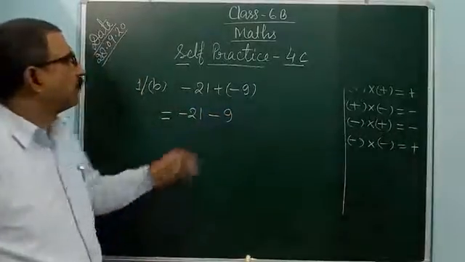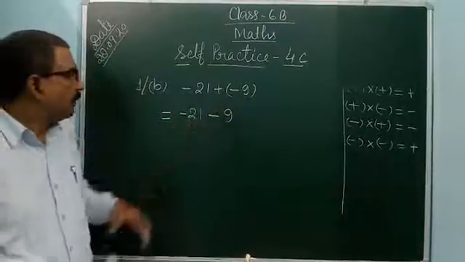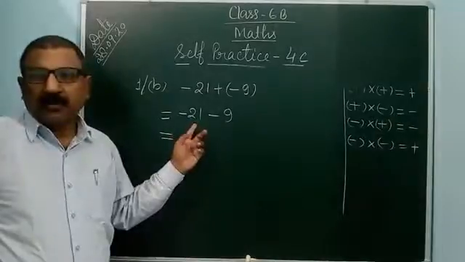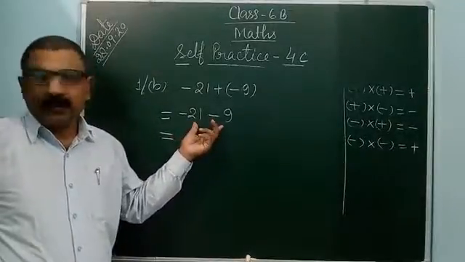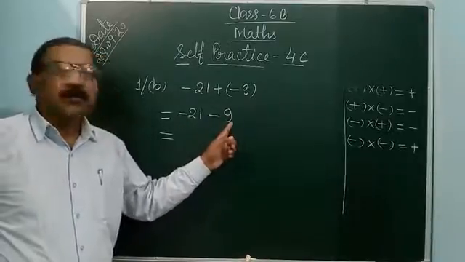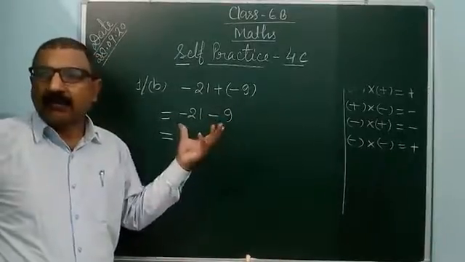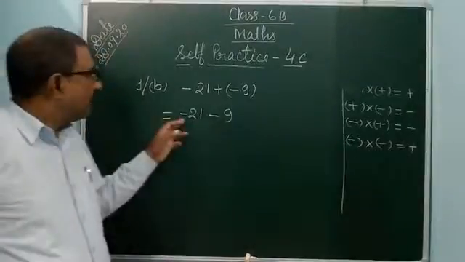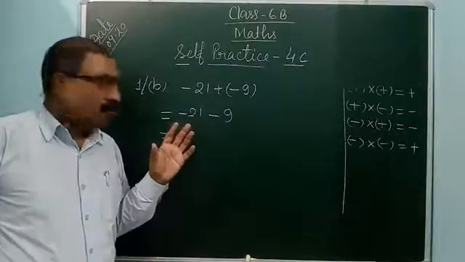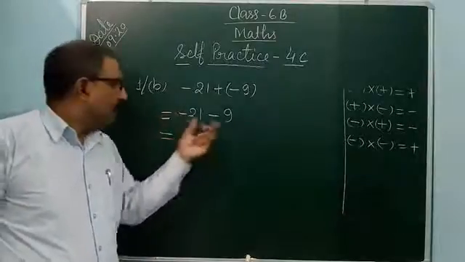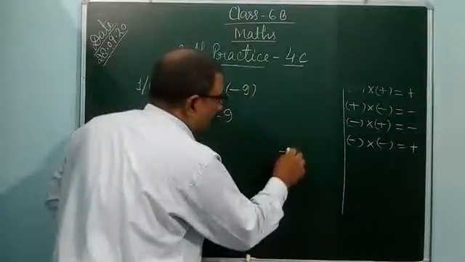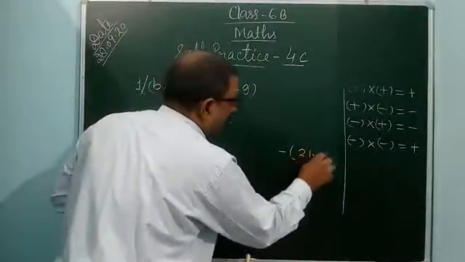After that, both numbers are negative, means both are negative integers. So you can add them together, 21 and 9, but the symbol must be minus, because both symbols are minus. In your mind it's minus, it means 21 plus 9.